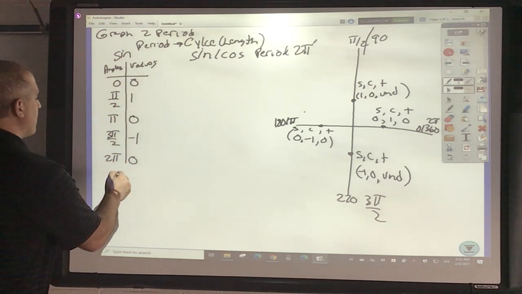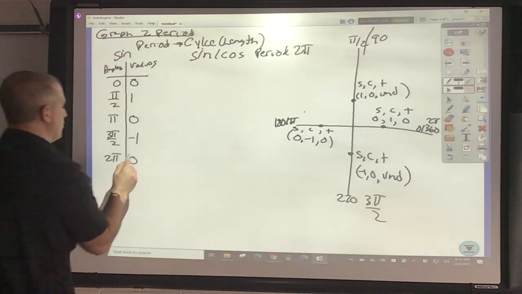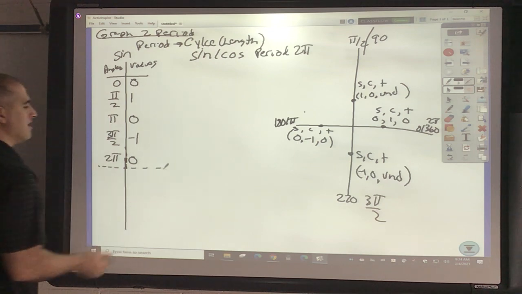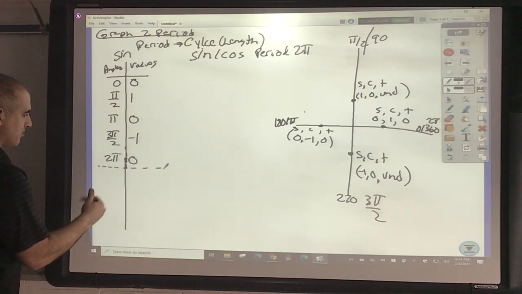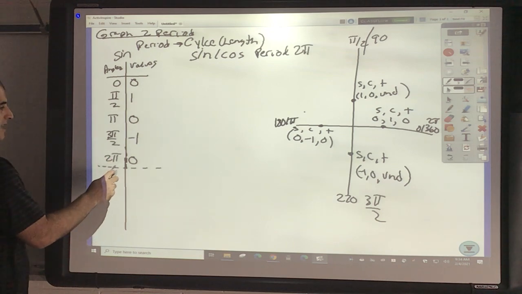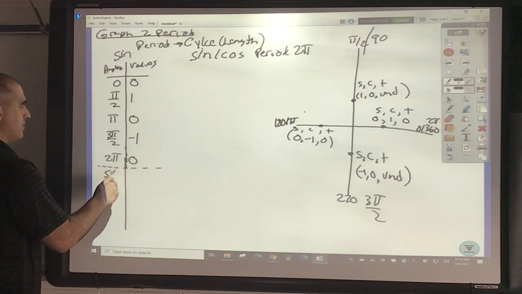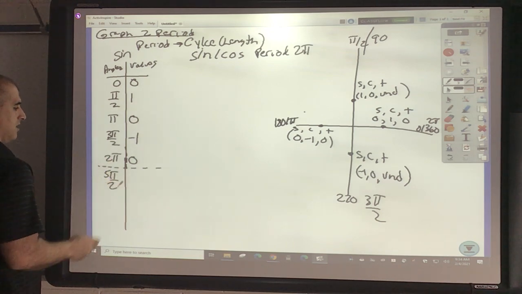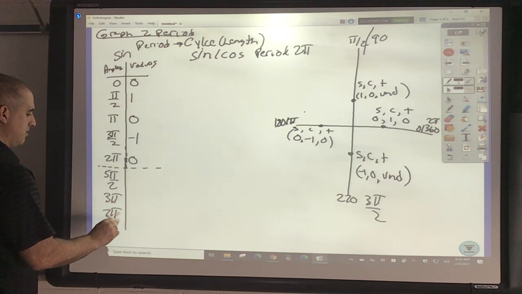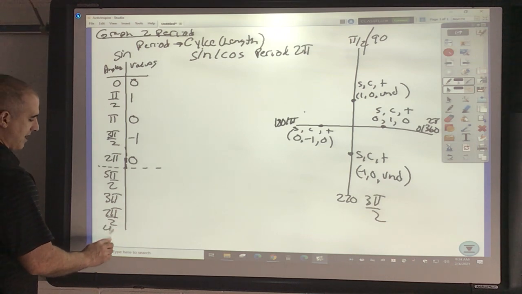Now, we want to graph two periods. So how does that work? I'm going to keep those values going. It will end up being 5 pi over 2, then 3 pi, then 7 pi over 2, and then 4 pi.